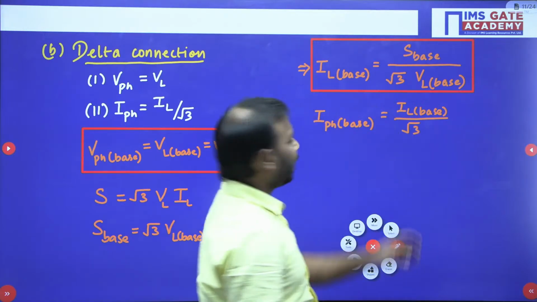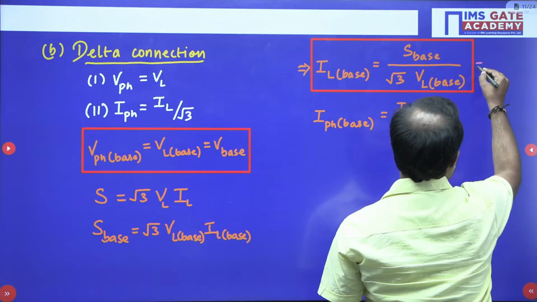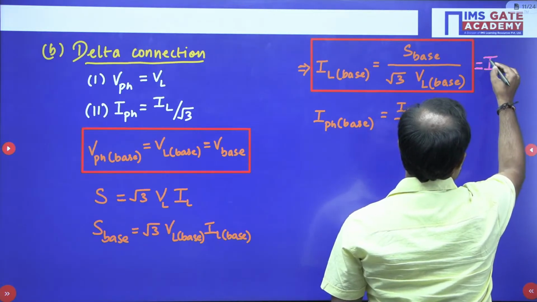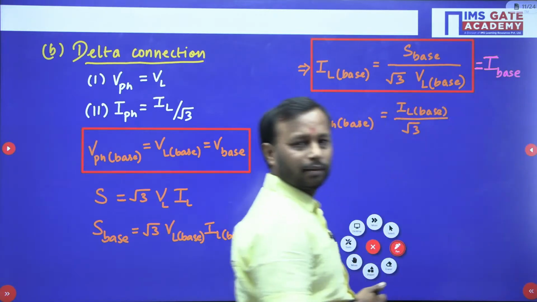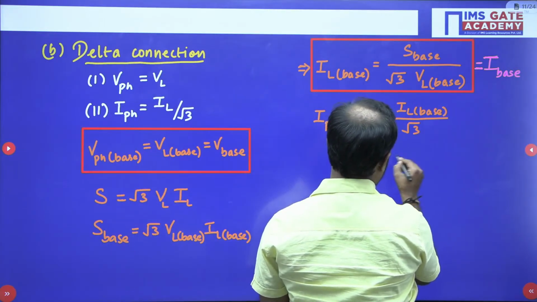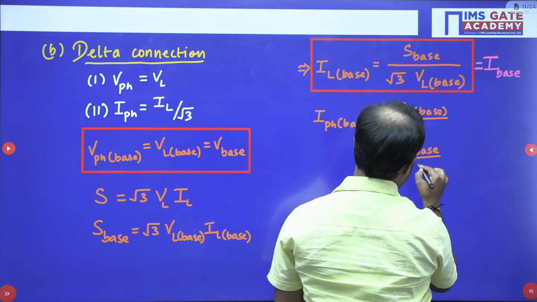And let me represent IL base simply as I base. Is that okay? So this is nothing but I base by root 3.